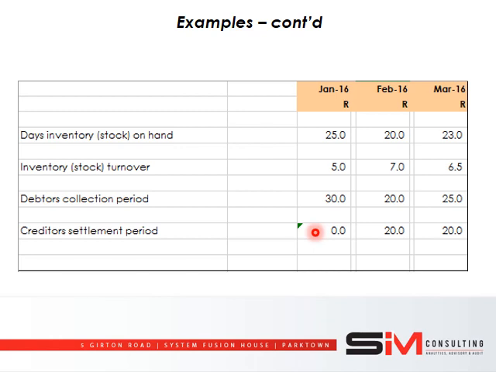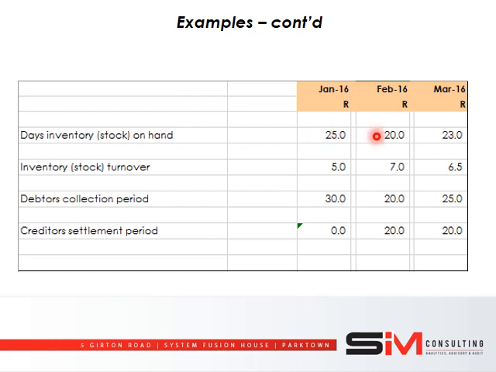What this means is creditors are paid in cash. For us to make a deduction on the 4 elements, we need to compare those with a period, which in this case will be February 2016.